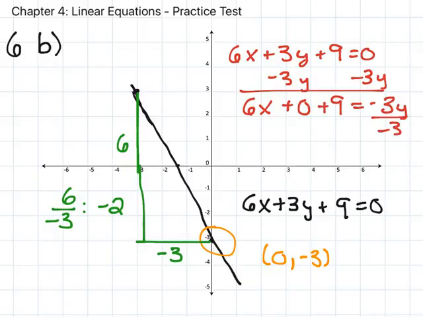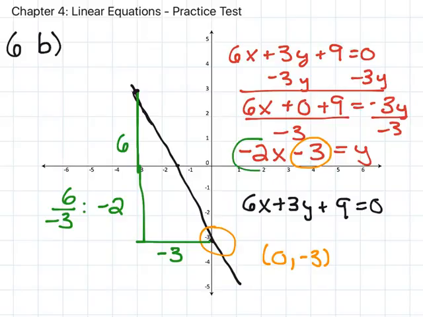So you have to divide everyone by negative 3. 6 divided by negative 3 is negative 2x. And then you're going to have 9 divided by negative 3, which is negative 3, equals y. So you have your y-intercept, and you have your slope.